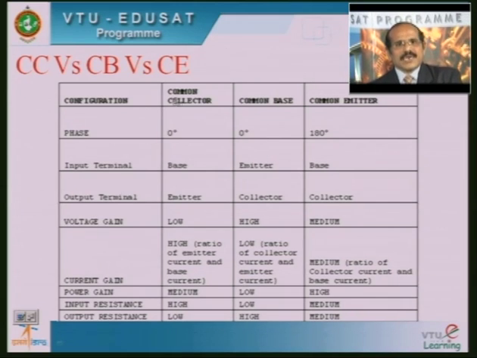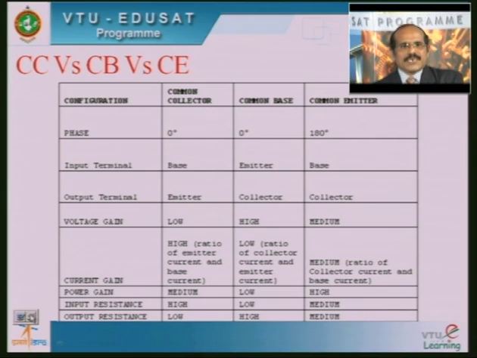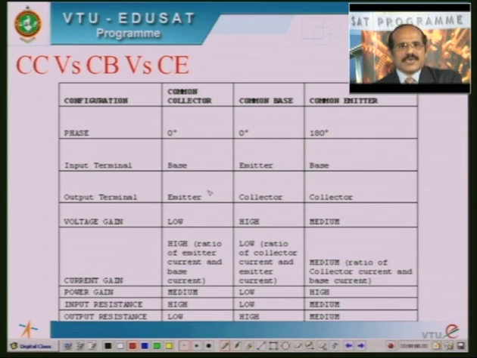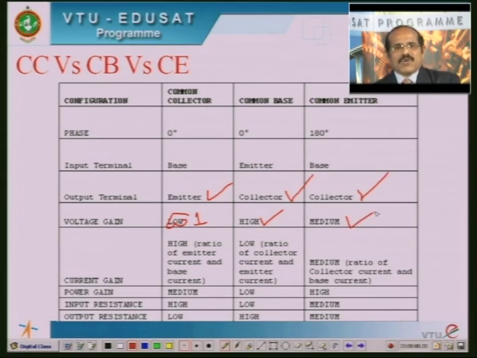The common terminal is the collector in the common collector, and the output terminal is emitter in the common collector, collector in common base, and collector once again in common emitter. As far as voltage gain is concerned, common collector has unity gain, the common base has higher voltage gain, whereas common emitter has moderate voltage gain.